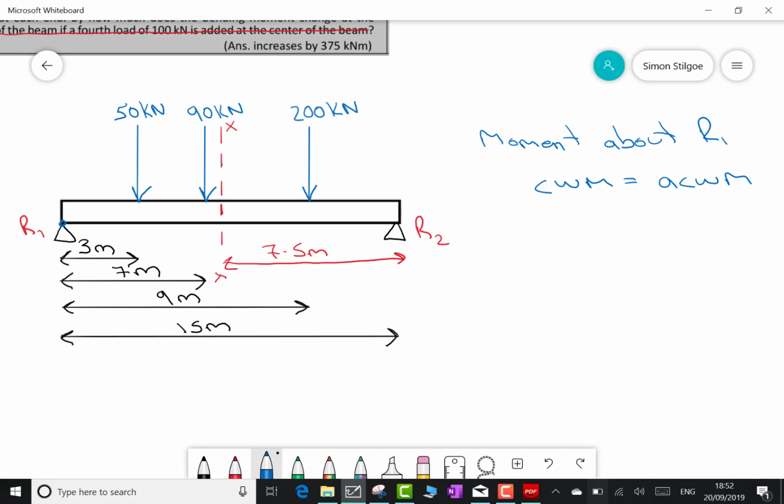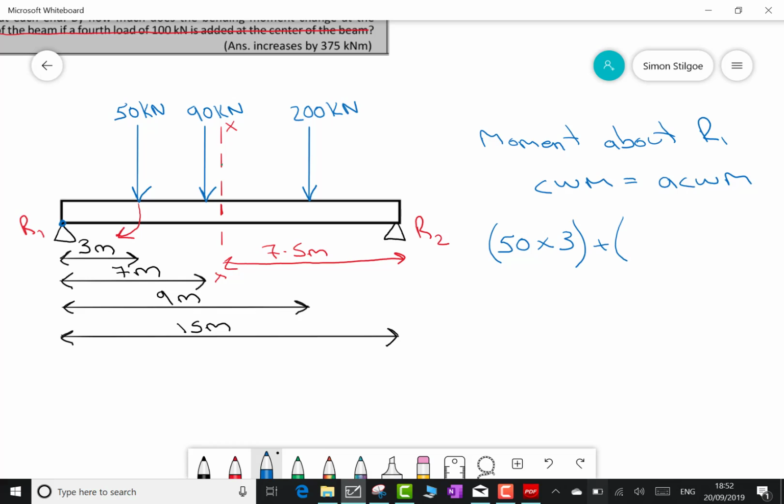So, moving to the right of R1, the first force that I get to is 50 kilonewtons. Well, that 50 kilonewtons is most definitely acting clockwise on R1, as it's wanting to spin our beam in this direction. So, adding that into our equation, it's going to be 50 multiplied by the distance from the 50 kilonewton to R1. Well, that's on my diagram of 3 meters.